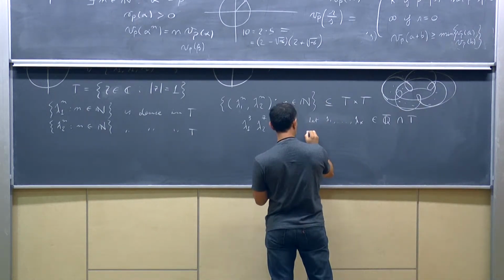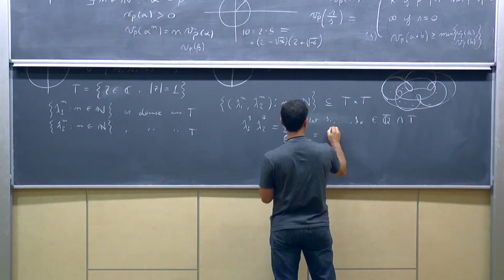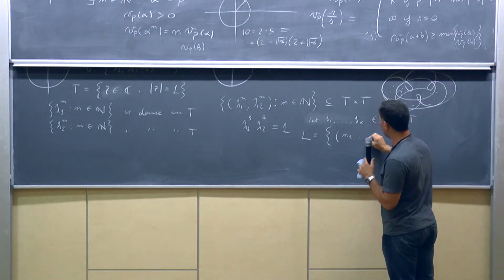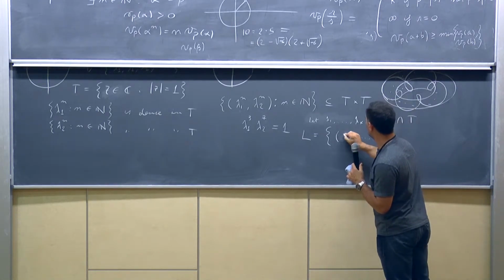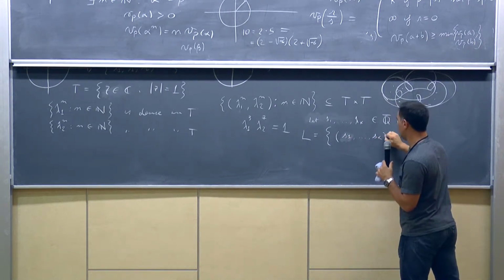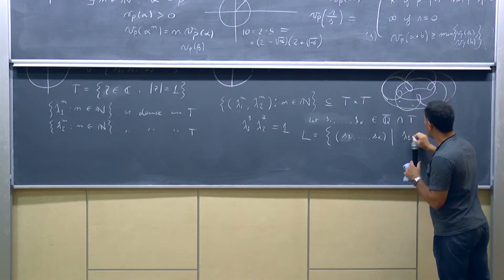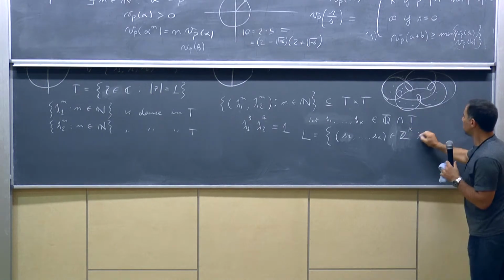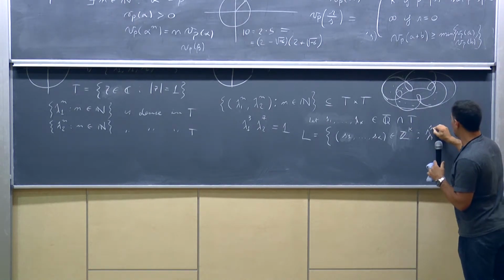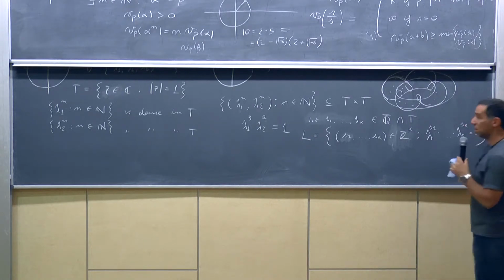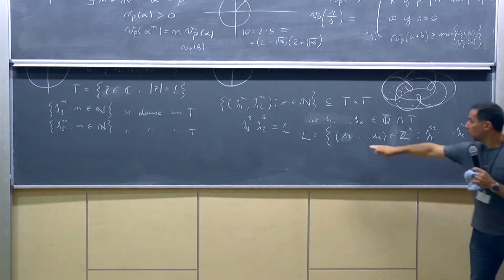Then I want to look at the set L, which is the set of all integers, maybe n1 is not so good, let me call it s1 through sk, so these are integers in Z to the k, such that lambda 1 to the s1 times dot dot dot times lambda k to the sk is equal to 1. Okay? I want to look at this set.